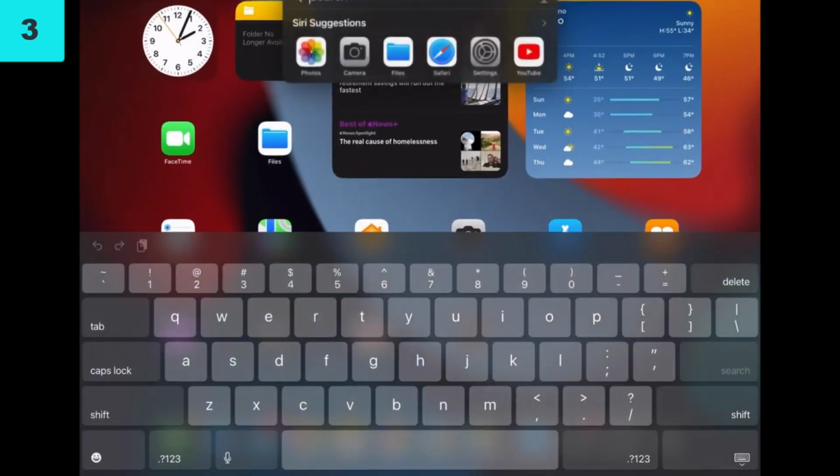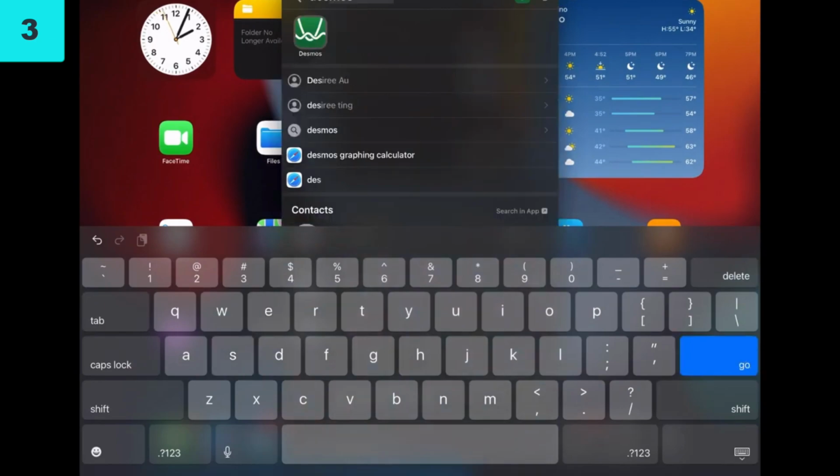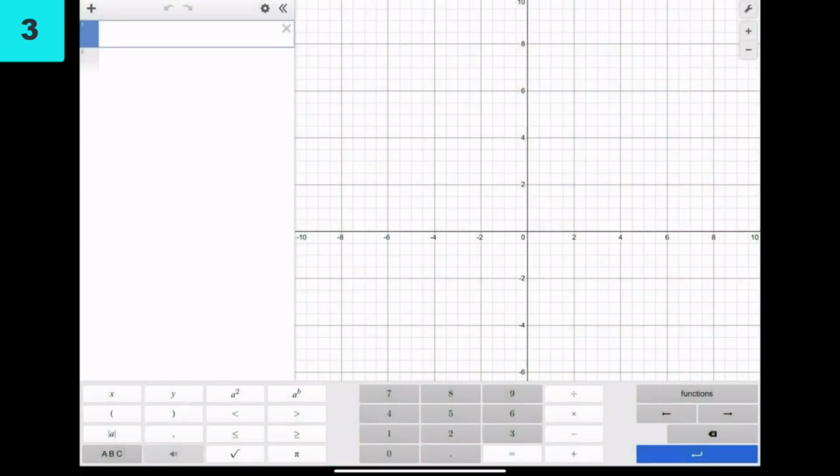Put that into Desmos. Let me put in the function. Y equals x squared plus x minus 3.